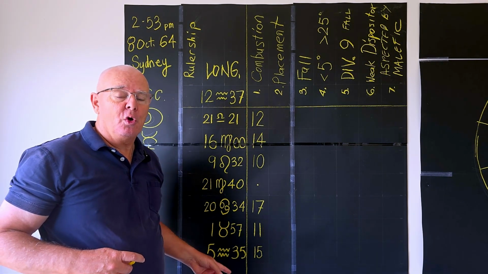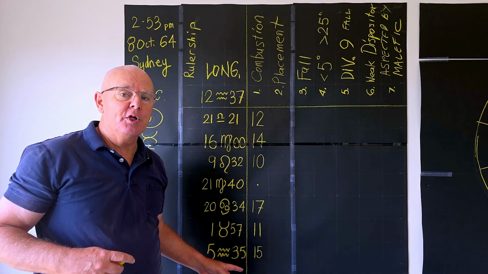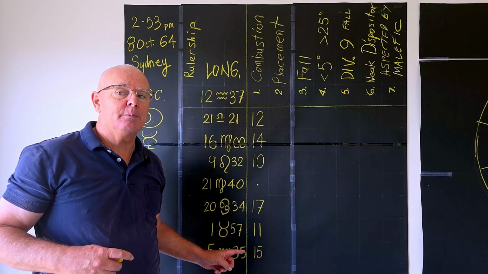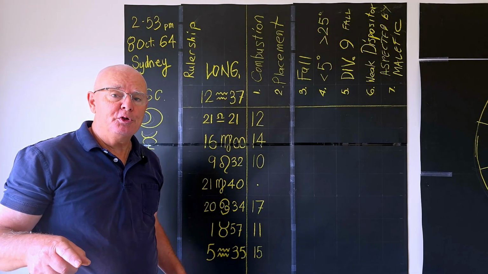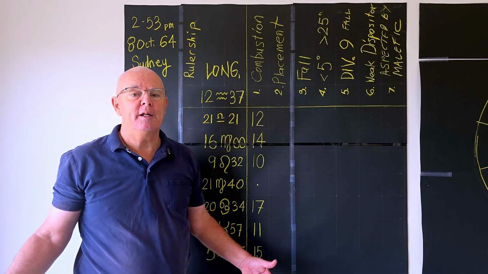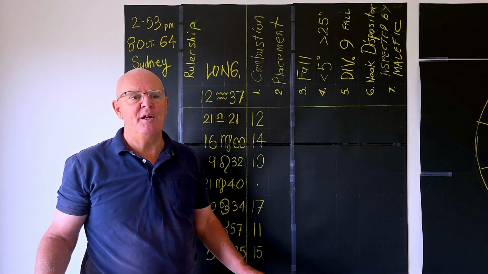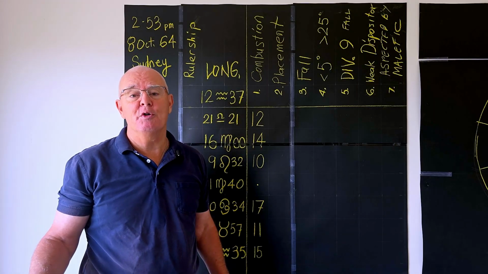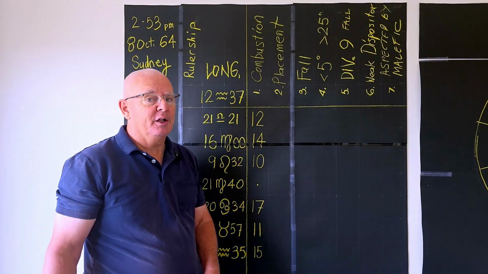The other planets not listed here are the moon's nodes and the outer planets Uranus, Neptune and Pluto. But the moon's nodes and the outer planets are not strong or weak. They're important, but they don't rule houses. So we don't calculate their strength.